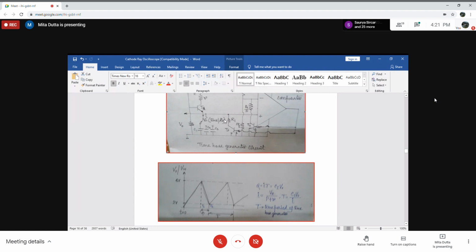And why do we have a different time per division scale? Because we have different values of capacitors here. For different values of capacitors, this time scale will change.